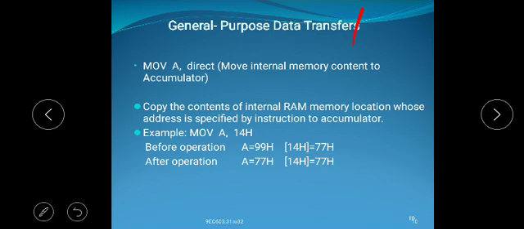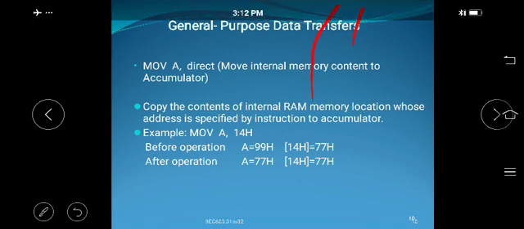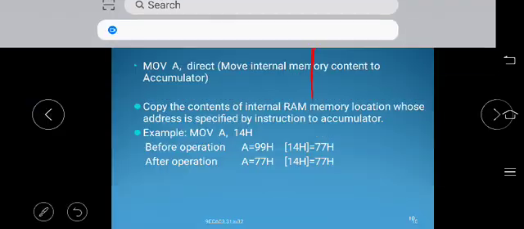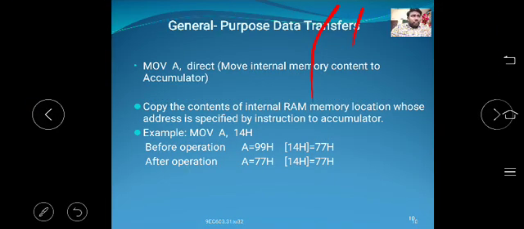In the direct addressing mode, 14H is the RAM memory location, which has the value 77H. After execution, the A register stores the value 77H.